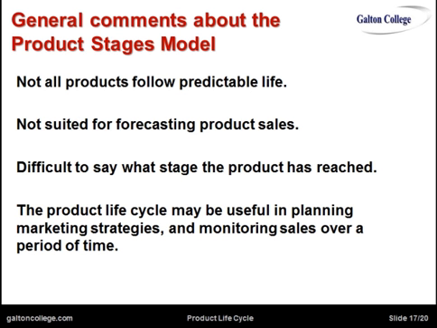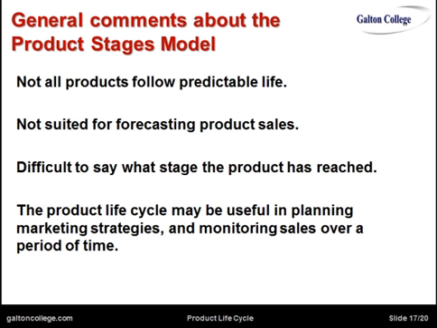Now, some general comments about the product stages model. First of all, not all products follow predictable life phases. So we've set it up like all products do, but presumably there are exceptions. The model is not useful for forecasting product sales.